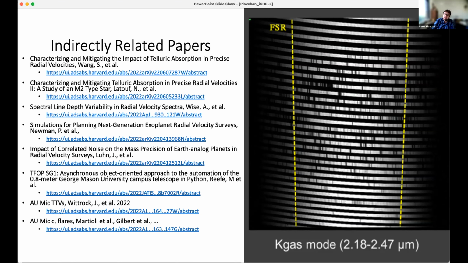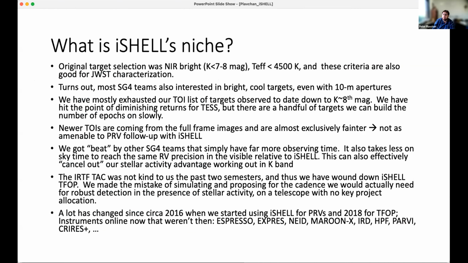Michael Reefe also published a paper in my group on automating our campus 0.8-meter telescope for SG1 observations for TESS. And AU Mic is a gift system that keeps on giving. It has very strong TTVs, and there are a few papers out on that as well.